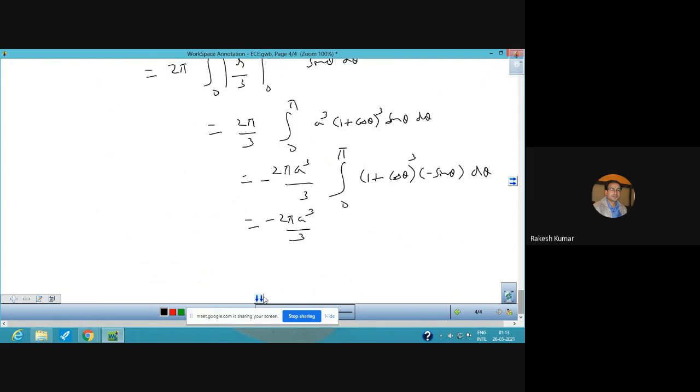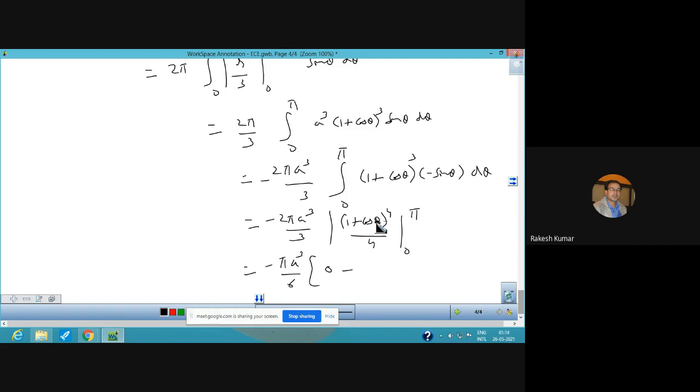Now integrate. It will become 1 plus cos theta raised to power 4 over 4. The limits are 0 to pi. So that is minus pi a cube upon 6. When you put the upper limit, pi, cos pi is minus 1. So 1 minus 1 will give you 0, and cos 0 is 1.